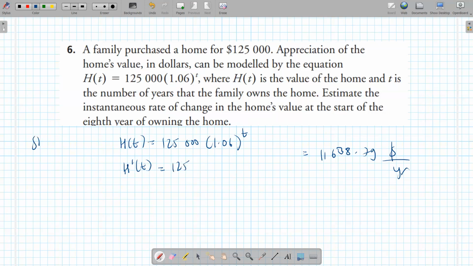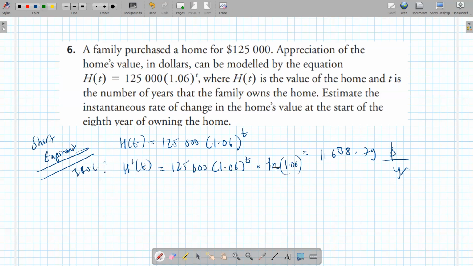This is a shortcut for exponentials. Last time we had the shortcut for polynomials. It's going to be the exact same thing that we had before, but you multiply this with the ln of the base, the ln of this. And that's the IROC function basically.